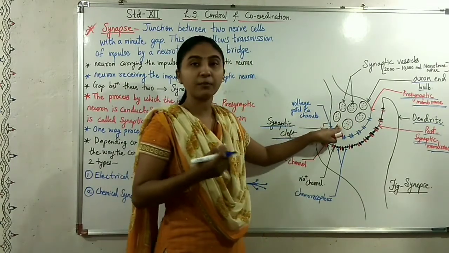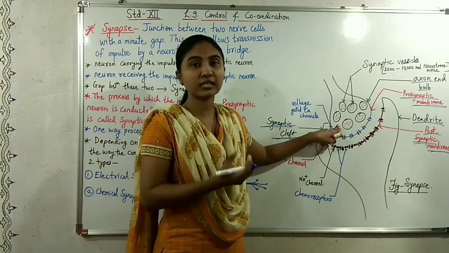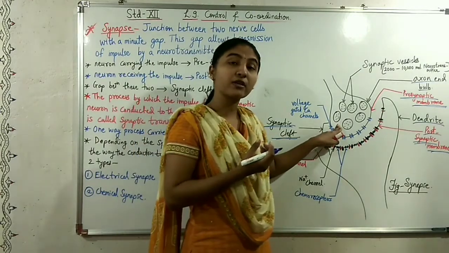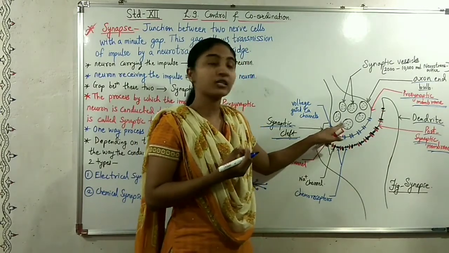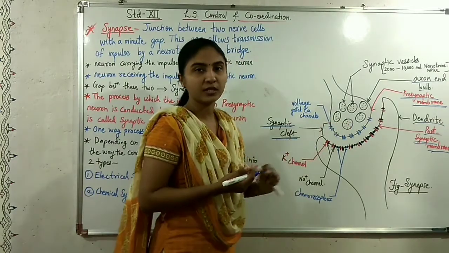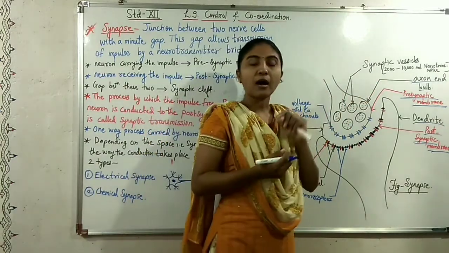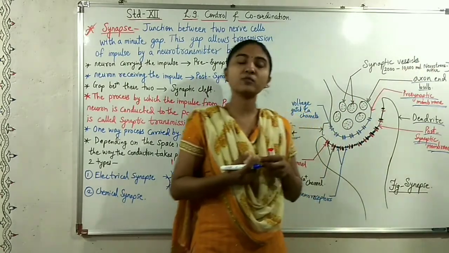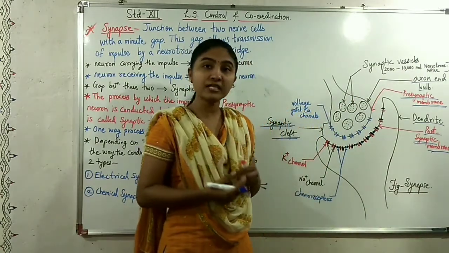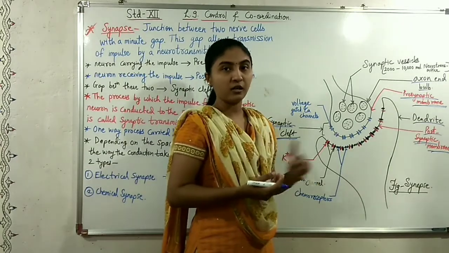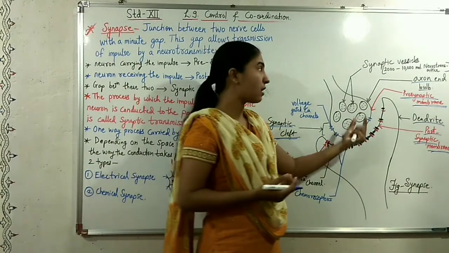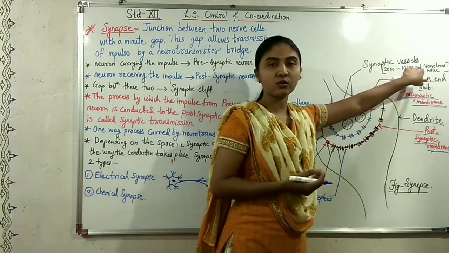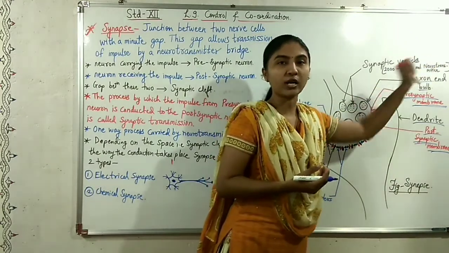Inside the axon end bulb, there are circular, round vesicles present over here. And these vesicles have neurotransmitters in them. Each vesicle has about 2000 to 10,000 molecules of neurotransmitters.